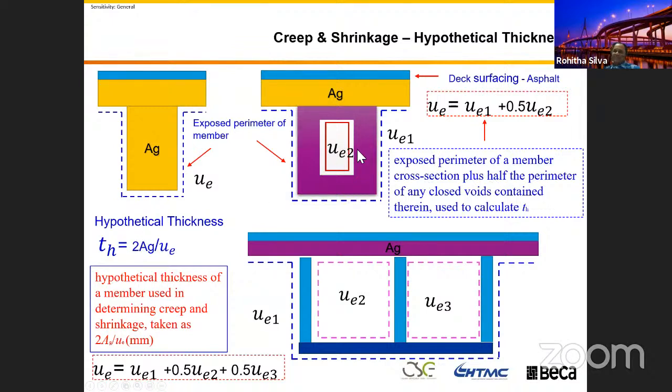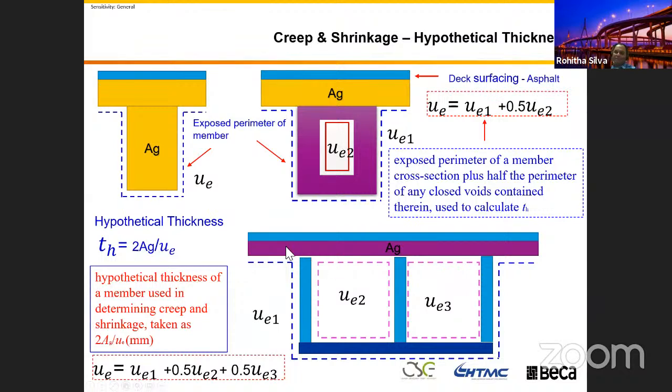If you have an interior and exterior environment, you can calculate this UE value as the exterior perimeter plus half of the interior perimeter. So if you have a twin cell box girder, that would be the exterior perimeter plus half of each individual interior perimeter. So you can easily calculate this parameter for any cross section.